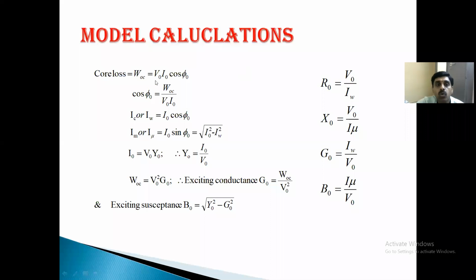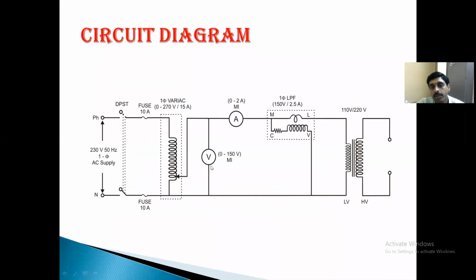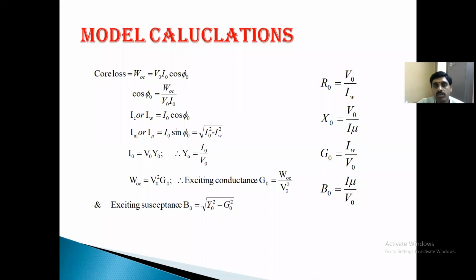Okay. So from the test conditions, core loss can be written as follows. V0, I0 and W0 can be obtained from the meters when rated voltage is applied. And cos phi naught is equal to the wattmeter reading divided by V0 I0. From that you can calculate the working component Iw equal to I0 cos phi naught, and the magnetizing component Im equal to I0 sin phi naught.